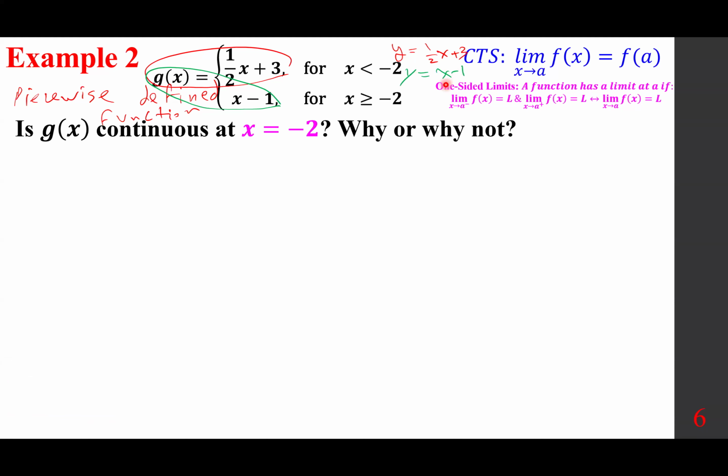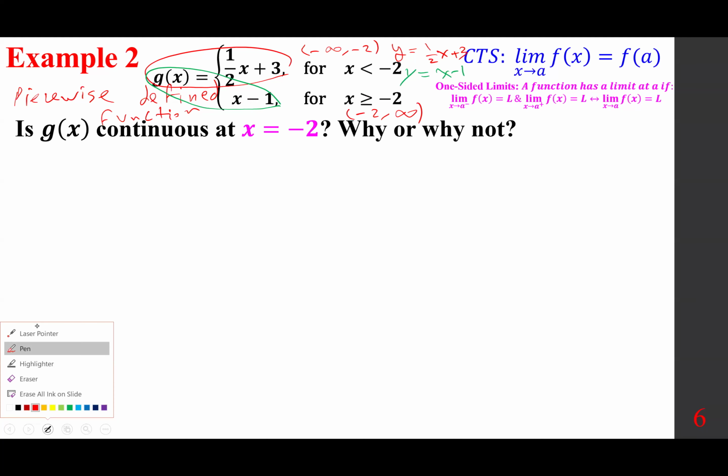Each function is a line, and each one is continuous from negative to positive infinity. Because this is defined all the way to -2, this is continuous from negative infinity to -2. Because this is defined after -2, it's continuous from -2 to infinity.